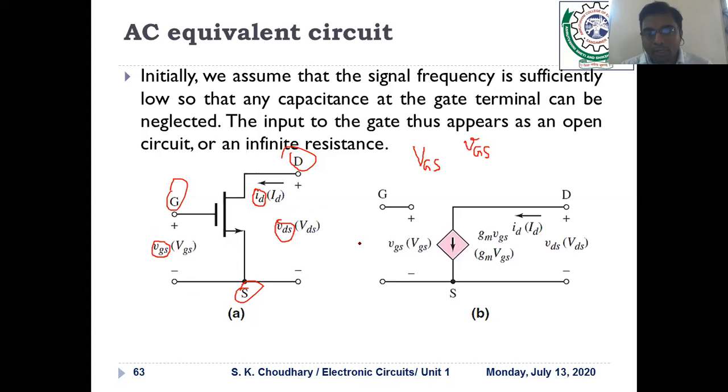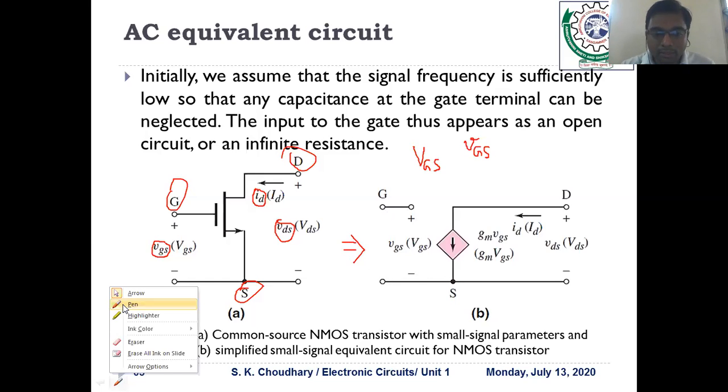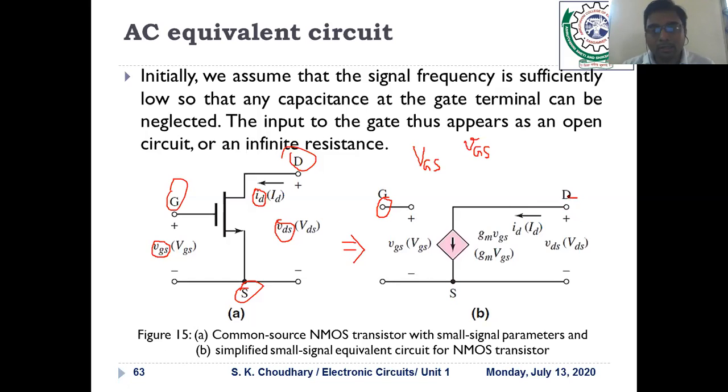When we draw the AC equivalent circuit, we first draw it as follows. It is a little bit tricky, and we have to learn it. First of all, you have to draw the three terminals. See the position: on the leftmost side, you draw the gate terminal, then on the rightmost side, the drain. At the bottom, you draw the source.